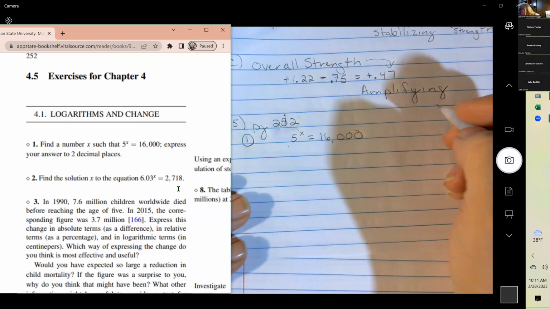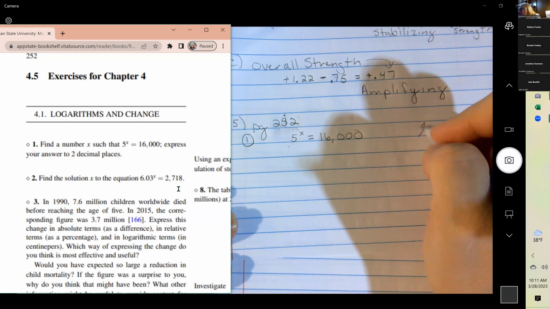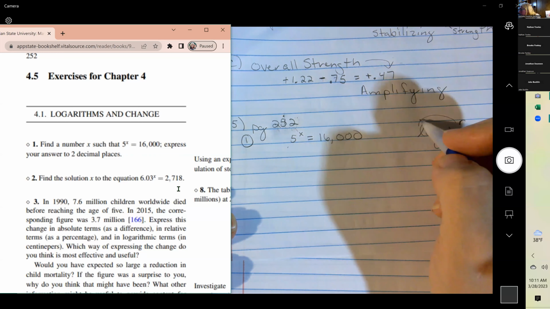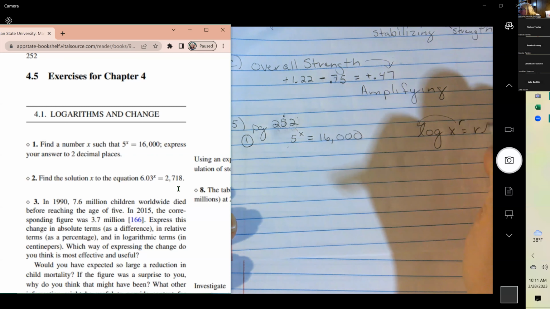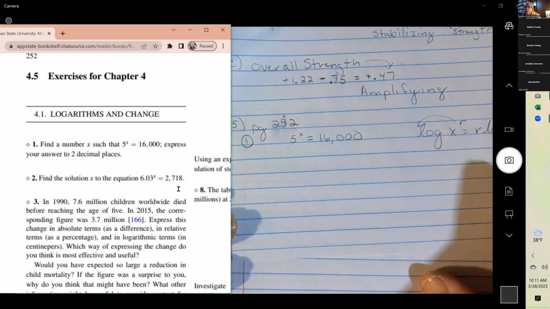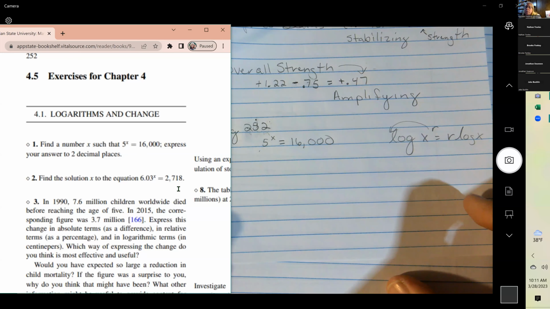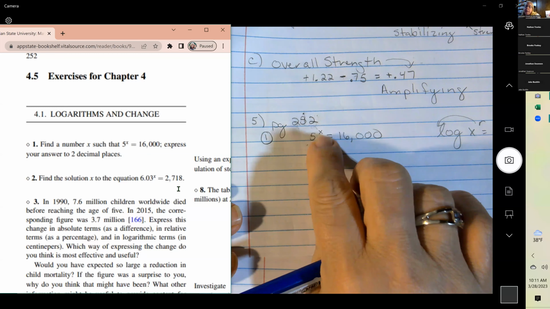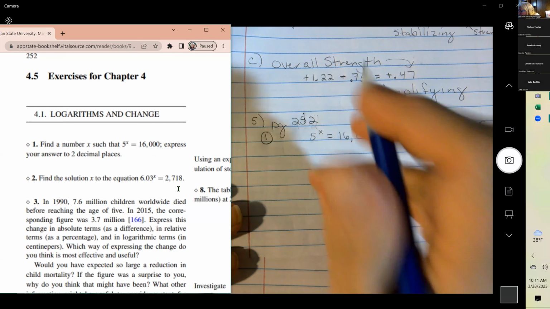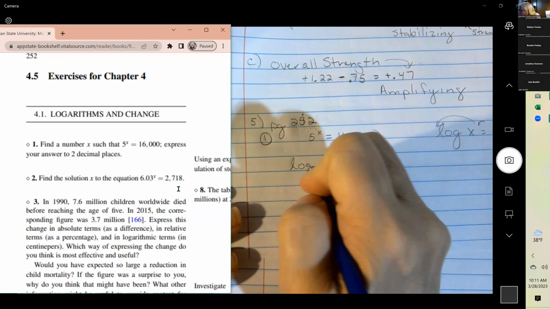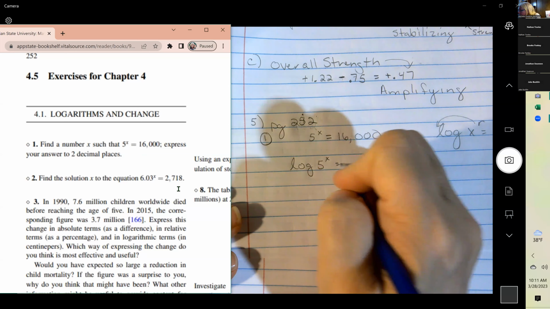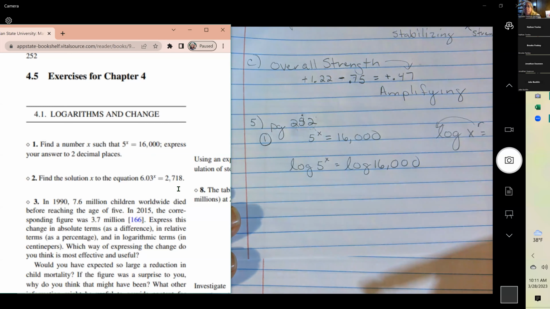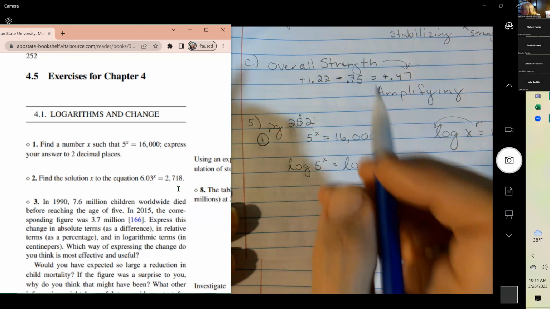Remember, last class we talked about the log of x to the r, that we could bring that exponent in front. So if we take the log of both sides, then we can bring the variable down. Now we can bring that exponent.